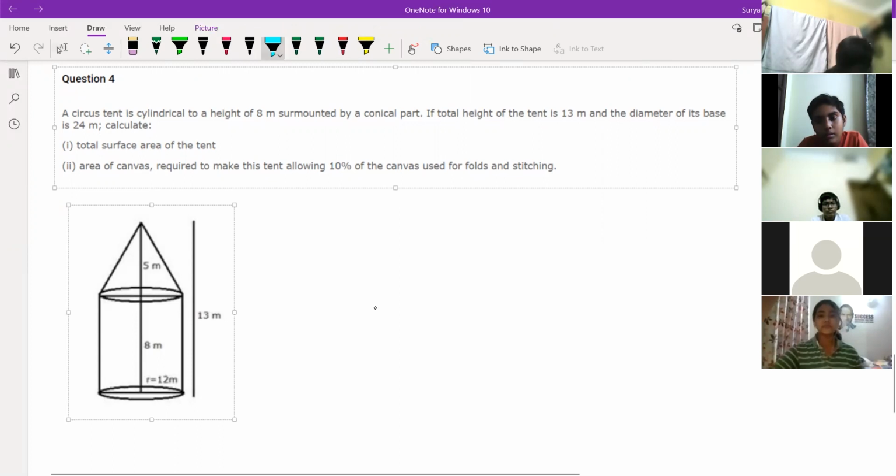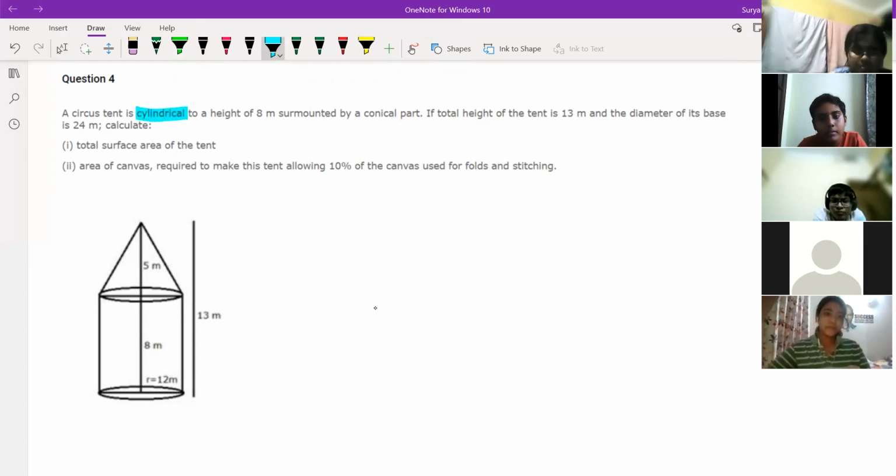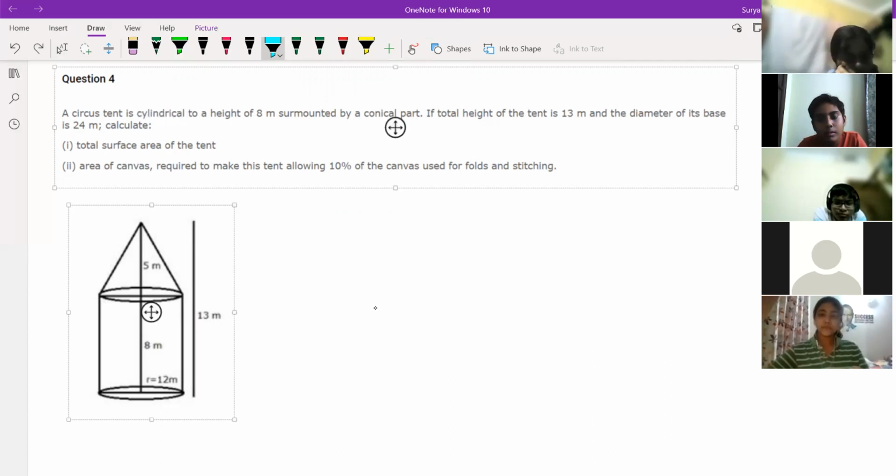So circus tent. A circus tent is cylindrical to a height of 8 meters, surmounted by a conical part.